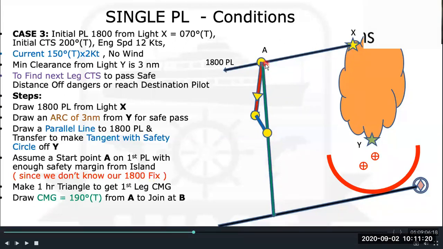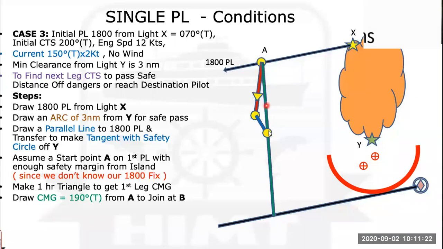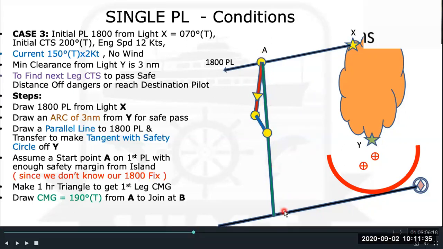So we will measure that speed made good for 1 hour. The ship is actually moving this much because of the current which is supporting. So this is 13 knots and this was 12 knots. So if for 1 hour the ship is moving 13 knots, we'll measure the A to B distance and we will get the time to reach here.